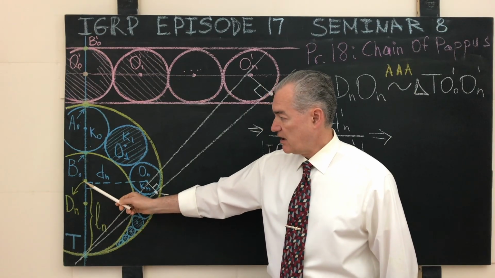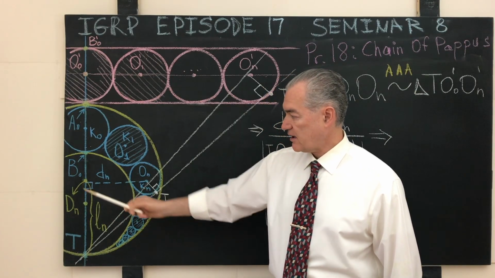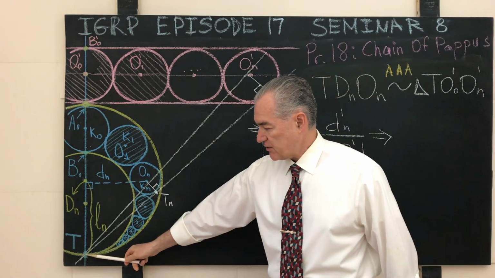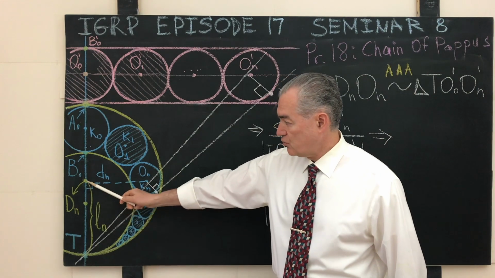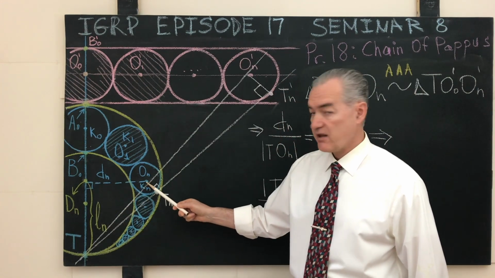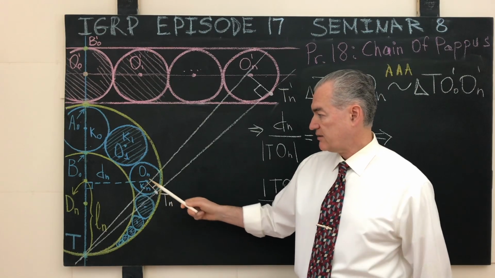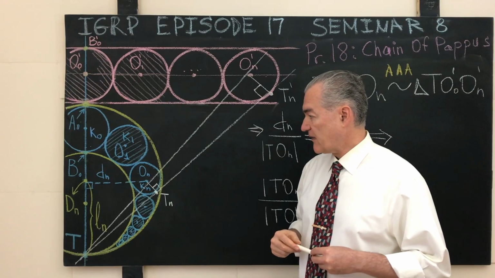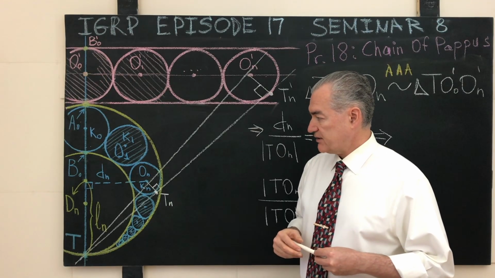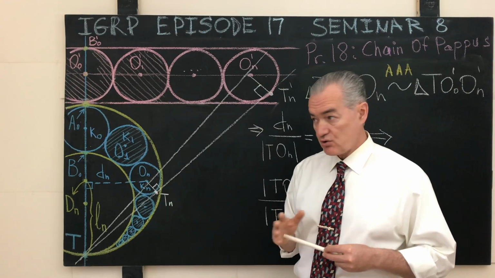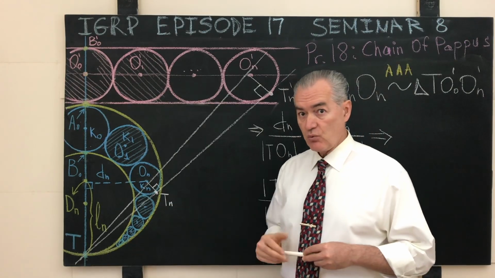That's the point right here, and consequently the distance between the common tangency point T and the point Dn will be the vertical displacement of the center of the nth inscribed circle, and thus our computation will be complete.